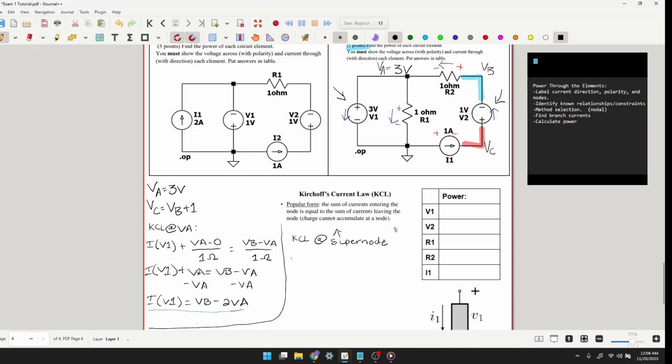So for that term, we're going to use the same notation. VB minus VA over 1 ohm. And we're going to set that equal to the current entering the supernode, which is going to be conveniently the value of I1, 1A.